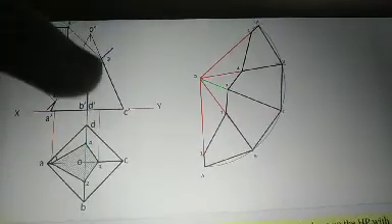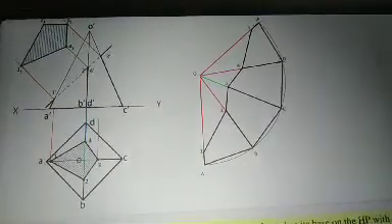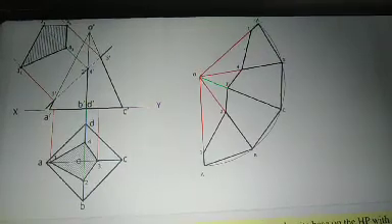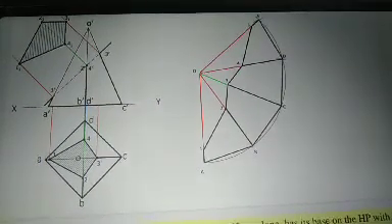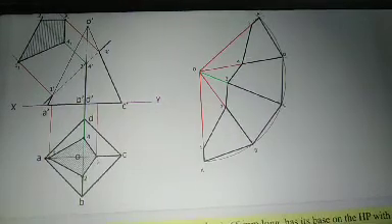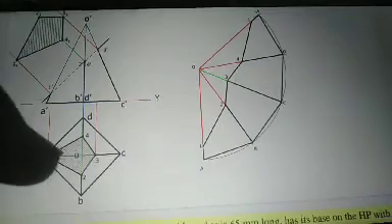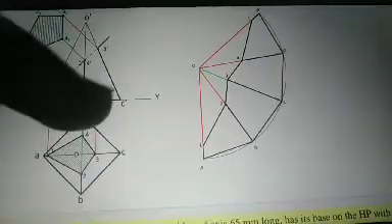Hence, this slant edge is the true length of OC, that is O dash C dash, and we require only the true length for drawing the development of a pyramid, as well as the development of any type of pyramid, square pyramid, pentagonal pyramid, any type of pyramid. That is why O dash C dash is the true length of that pyramid.